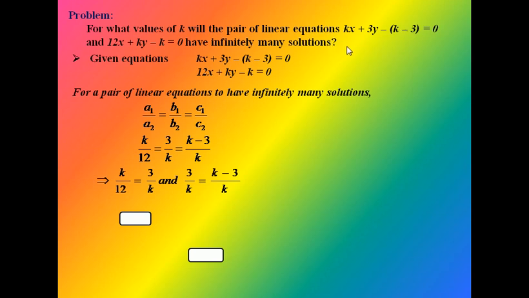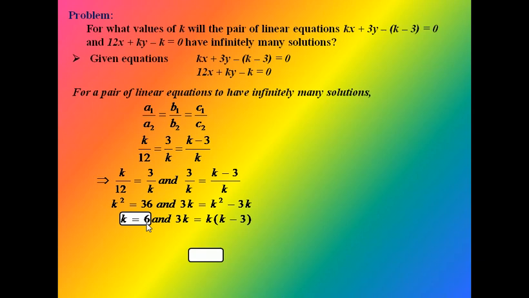By comparing, k by 12 is equal to 3 by k, and 3 by k is also equated to k minus 3 by k. Now for the first one, by cross multiplication, we get k square is equal to 36, and for the second, 3k is equal to k square minus 3k.